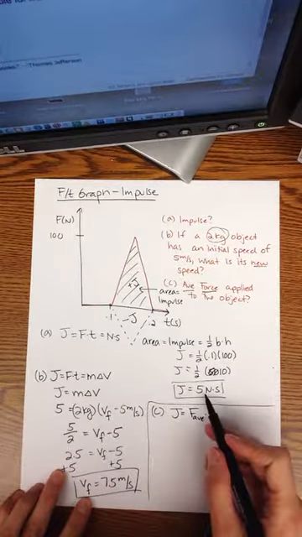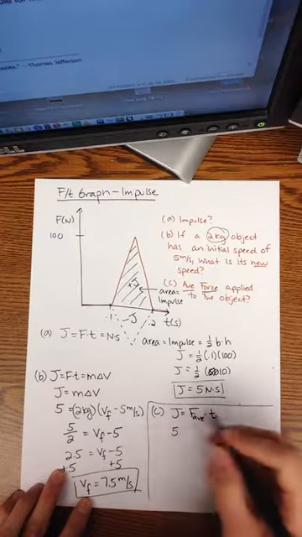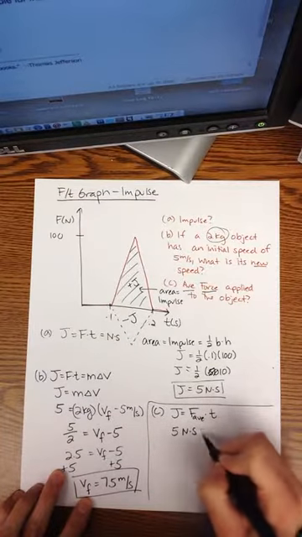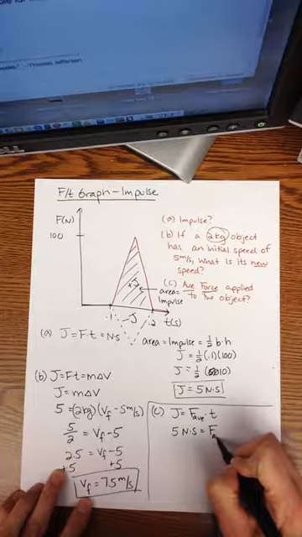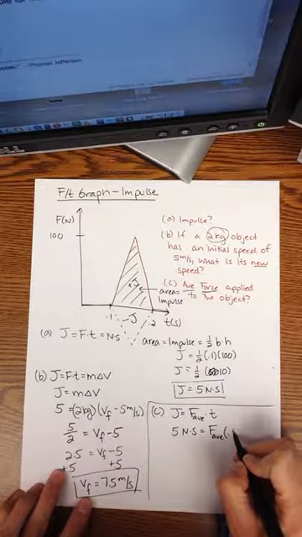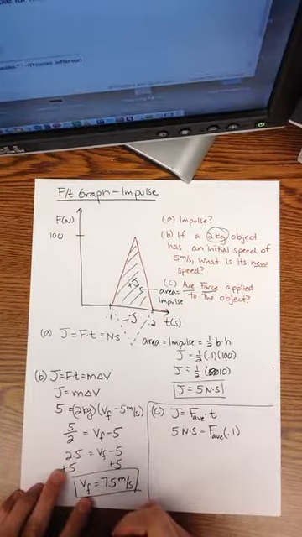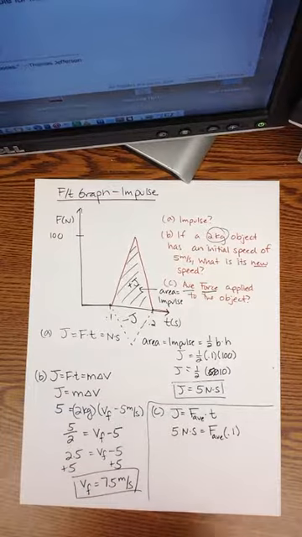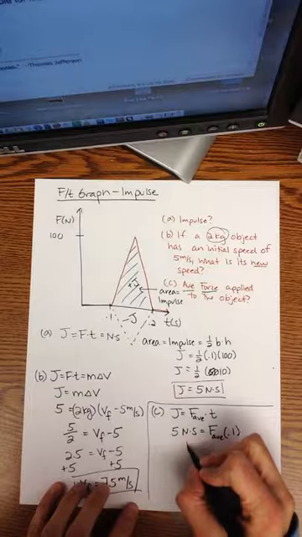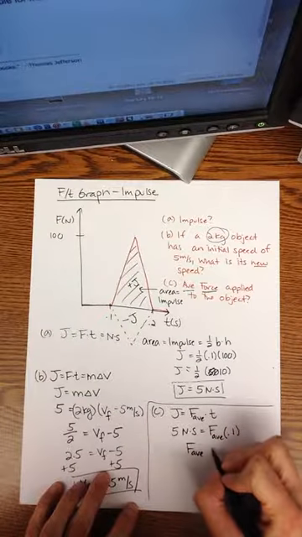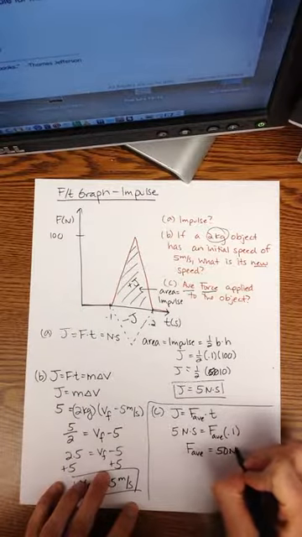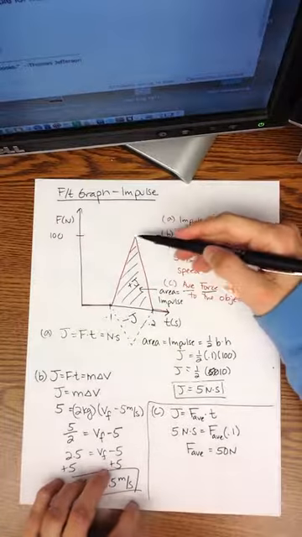And so I can actually use the impulse, which is 5 newton seconds, and set it equal to the average force times the time of 0.1. And so if I divide 5 by 0.1, I end up with an average force of 50. Which is clearly not what the maximum was.